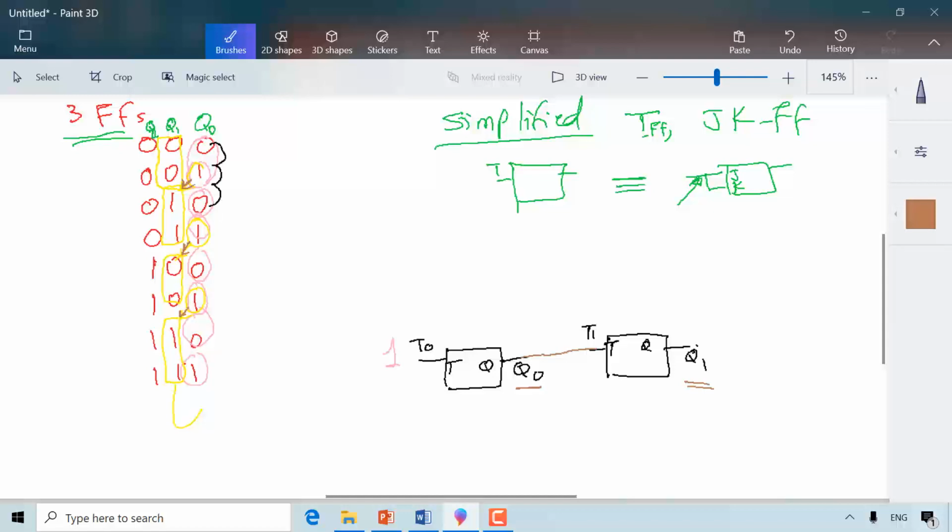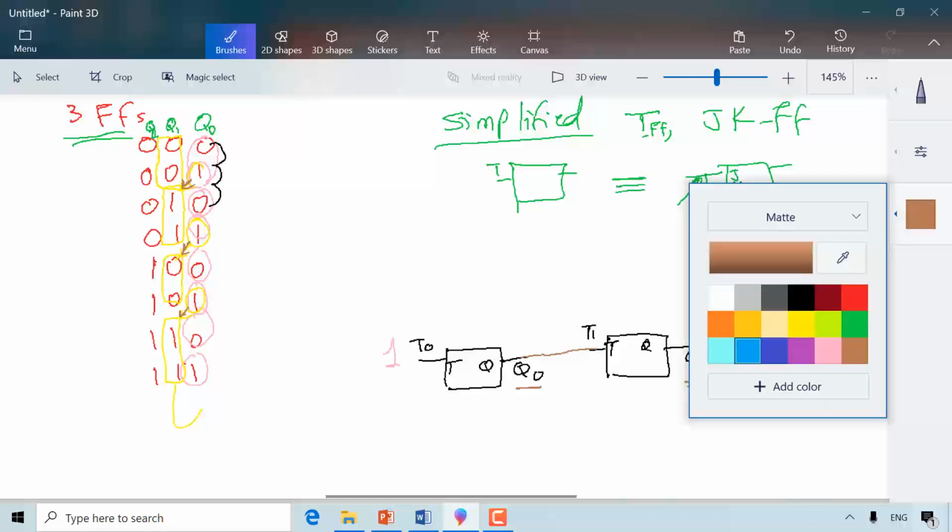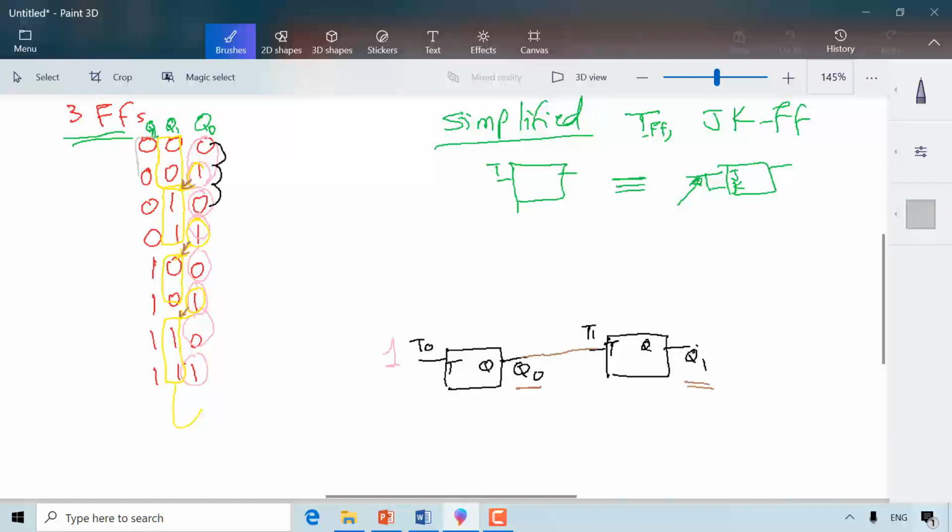Okay, so how about Q2? Let's take a look at Q2: 0 0 0 0 0, then 1 1 1 1 1 1, and then the 1 1 1 1 changes to 0 0. Notice that the change happens right here, and this is when both Q0 and Q1 are 1s.